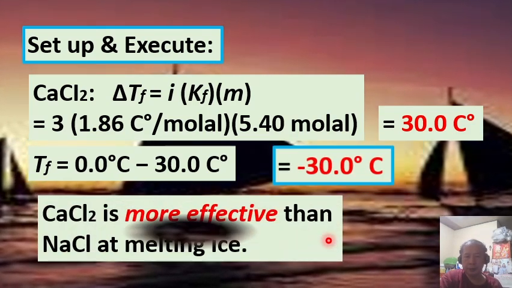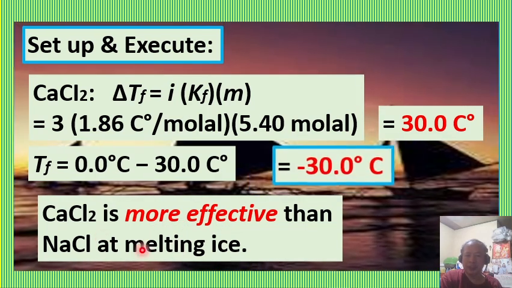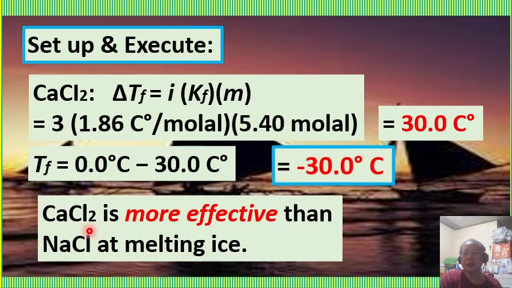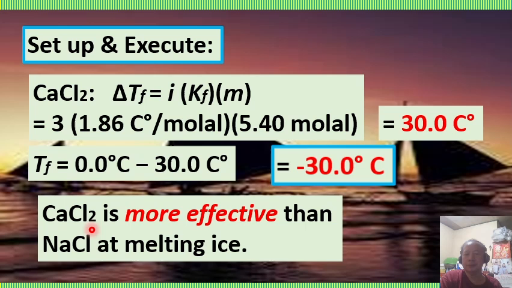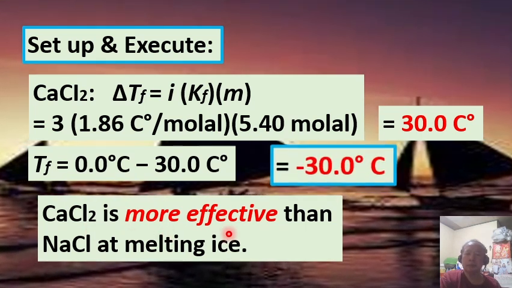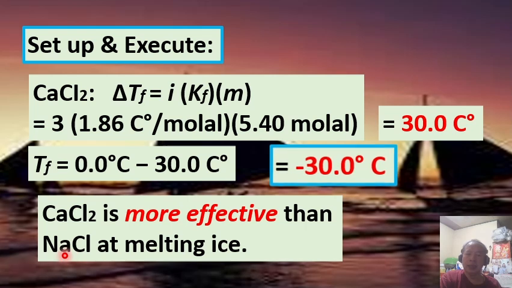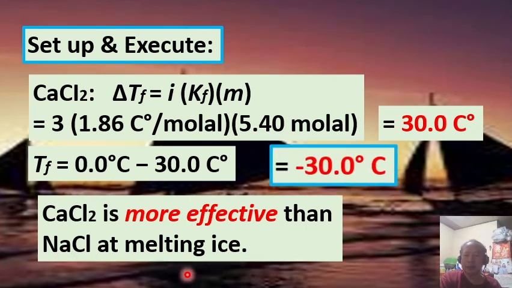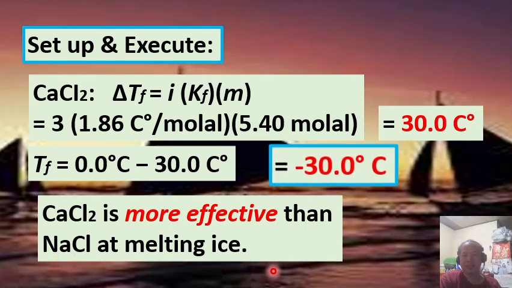Therefore, we say that calcium chloride is more effective than sodium chloride at melting the ice.